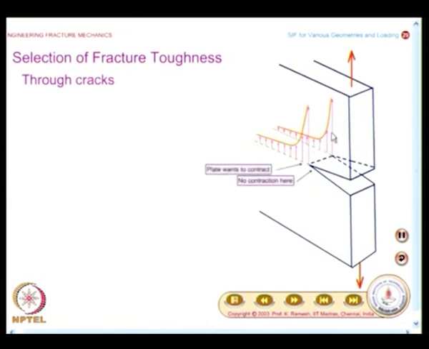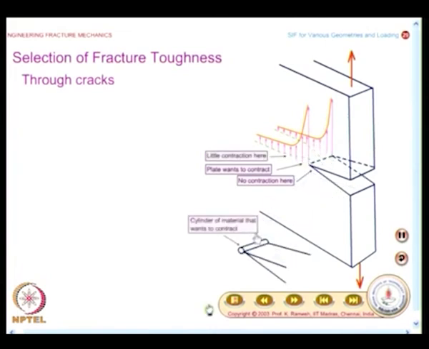Then because of the consequence of these stresses, the material wants to contract, and you consider a cylinder of material in this zone. And we will also have to qualify this result for plates of various thicknesses. What happens in a very thin plate and what happens in a thick plate. These are 2 extremes that we will look at.